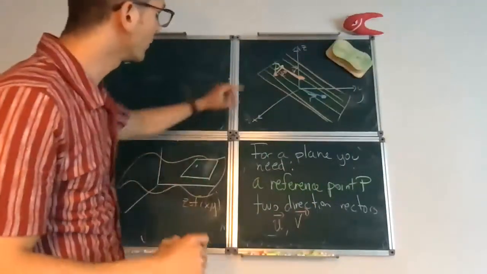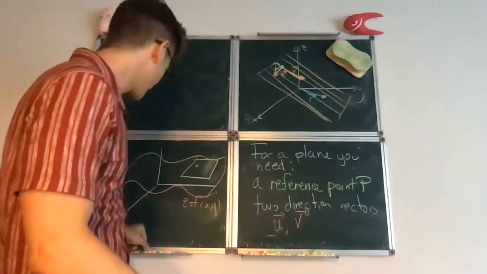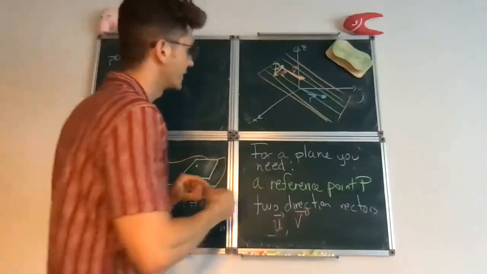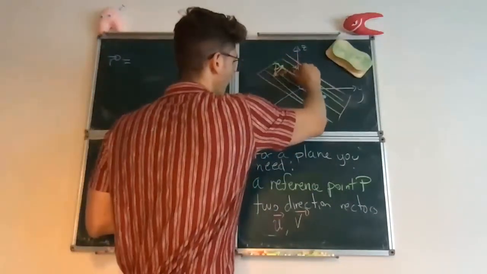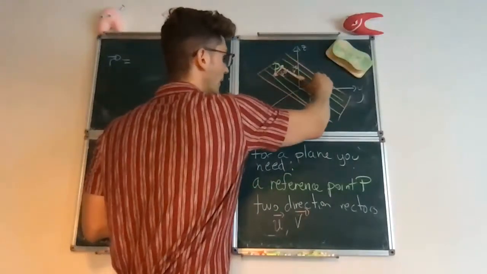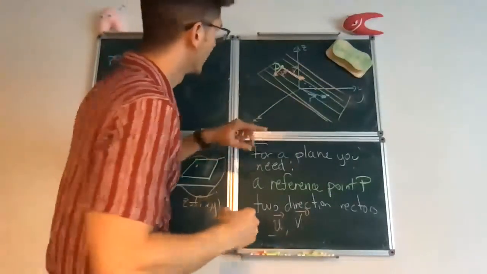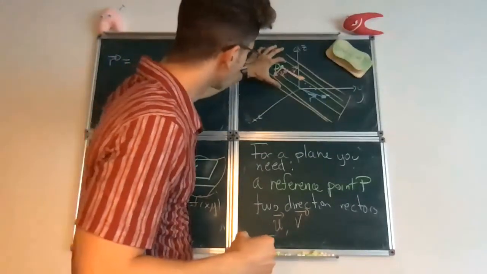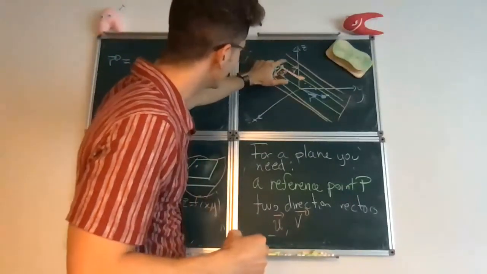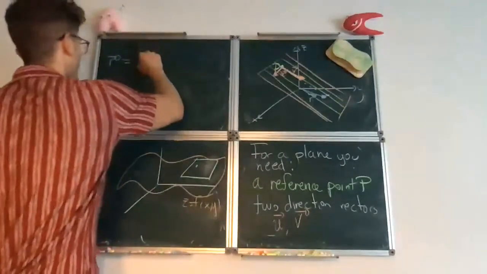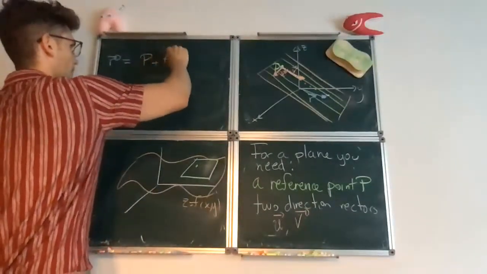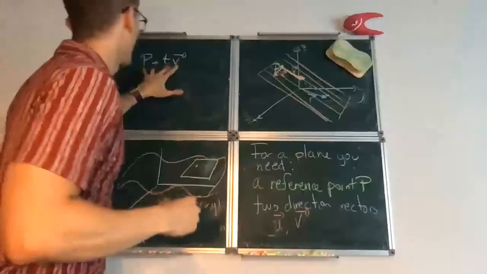One way to think about it is that in order to specify this point, you can start from P and move to this point on this line, and remember that in order to do that, you do P plus t d. That was the equation of a line from before.